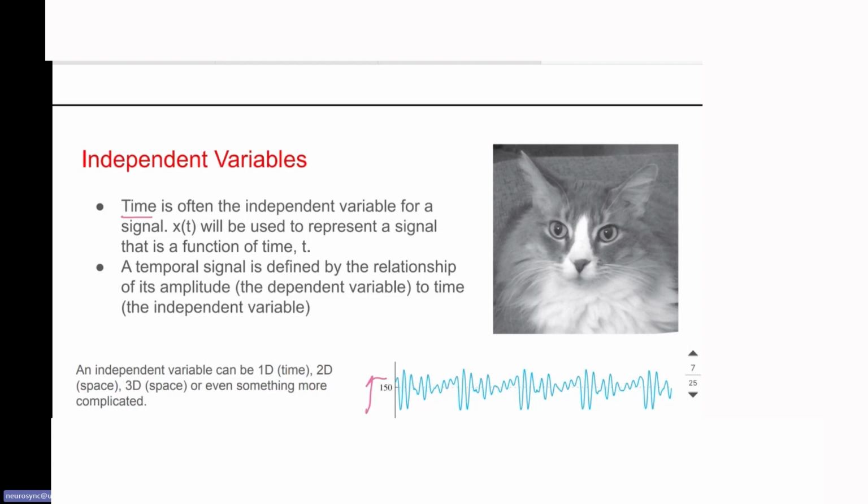Now, how do we represent this signal? The mathematical representation is x of t. We represent the signal with some symbol x, and in brackets it is t, meaning it varies with respect to time.